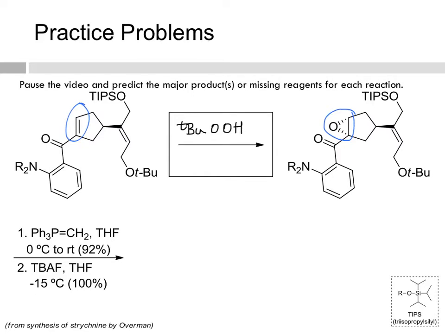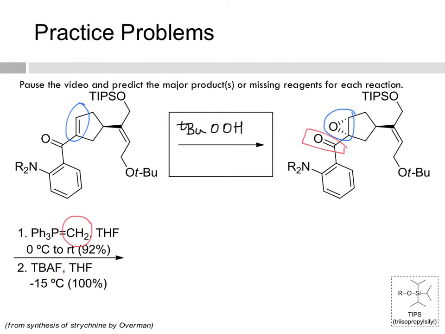Once we have the epoxide in place, we are treating this compound with the Wittig reagent. So we are doing a Wittig reaction with this carbonyl here. And so that's going to convert it to an alkene. And after that, we are treating it with TBAF.